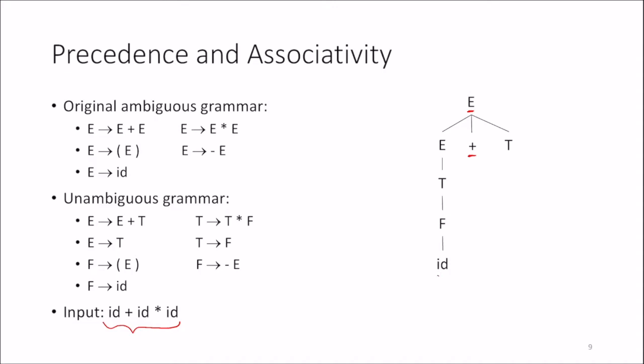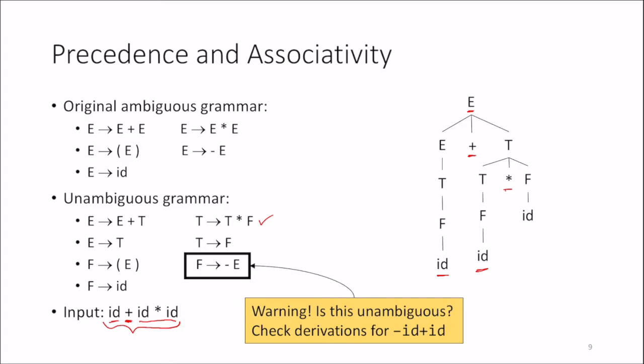So far I've got an ID and a plus. Now I want to get this ID times ID, so I would do T times F by using this rule. Then I would get the ID for the first argument to the multiplication, and then F goes to ID.